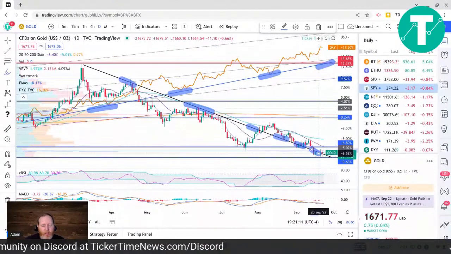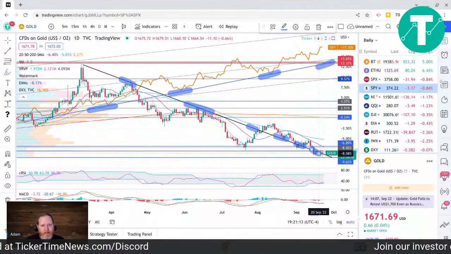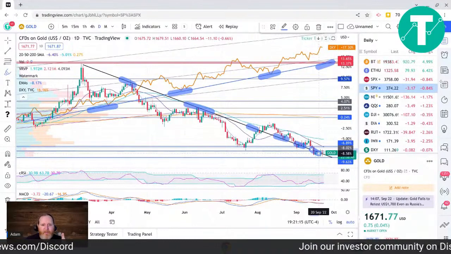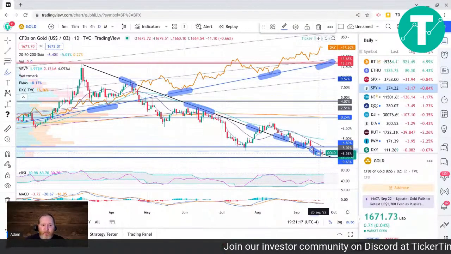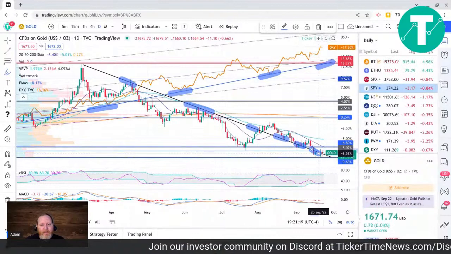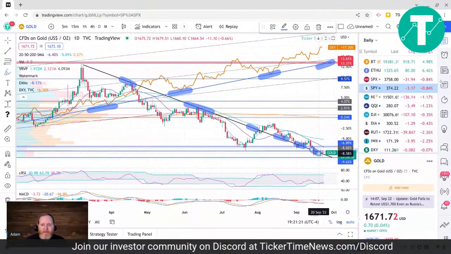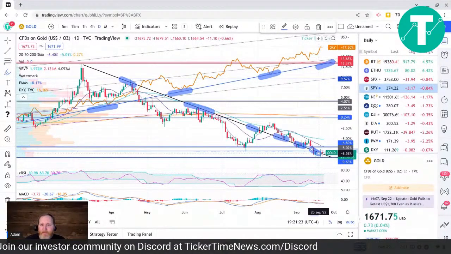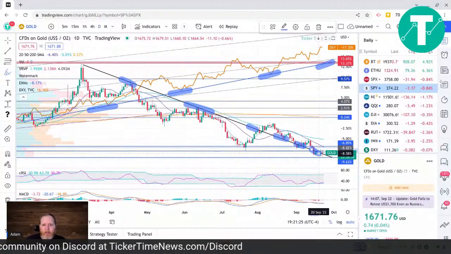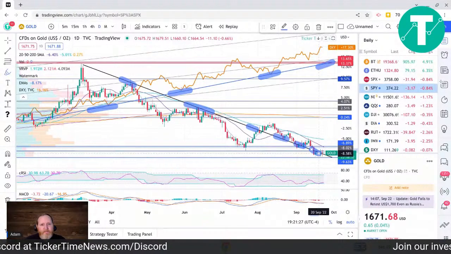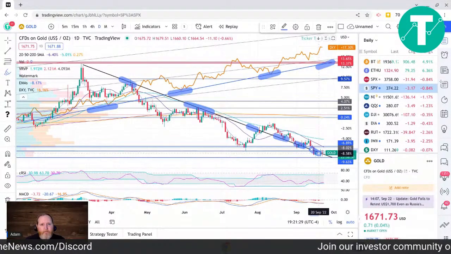So I think you probably know what I'm going to say next. One thing that needs to happen for gold to start moving in the opposite direction and start gaining some value instead of losing value is the dollar needs to come down.